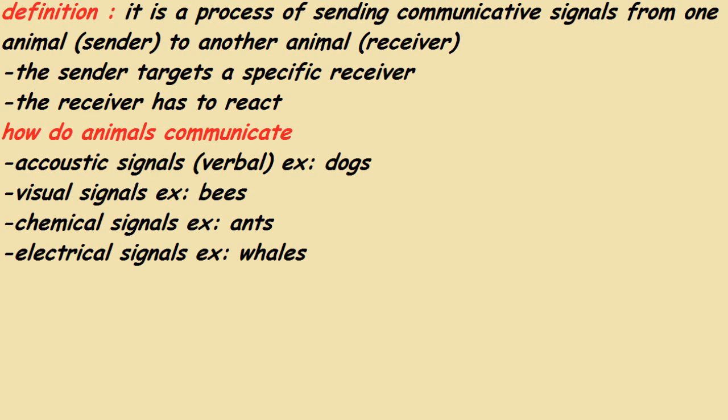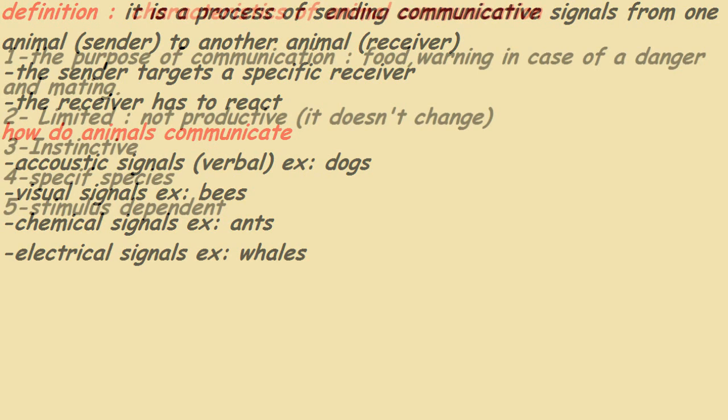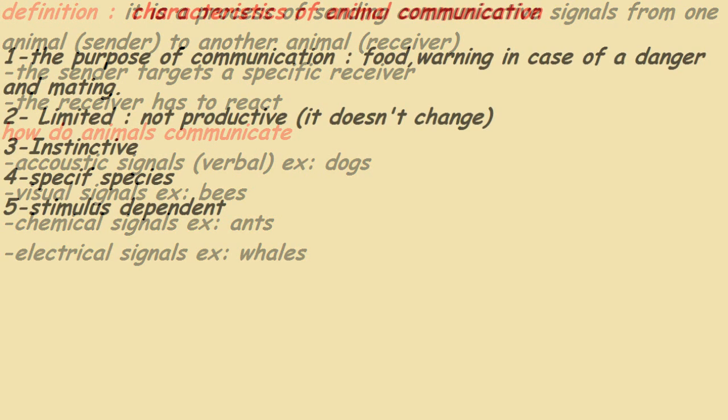They release a chemical substance on the ground, for example, and another group of ants would recognize that chemical substance, and they would react to the message or to the signal. And finally, we have electrical signals, which are mainly used by aquatic animals. For example, dolphins or whales communicate through electrical signals. I hope this is clear for now, because obviously it is easy to understand.